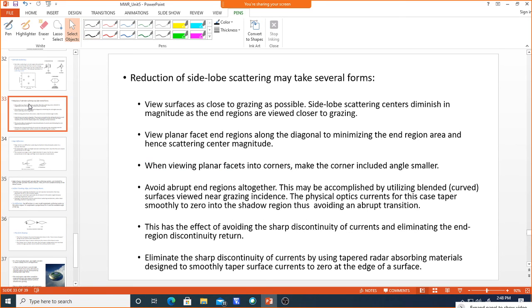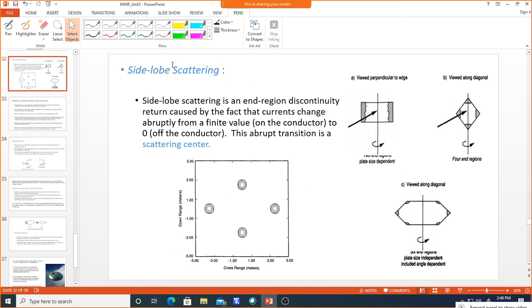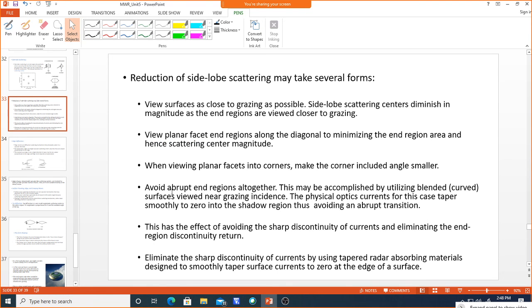That is what it is saying here: when viewing planar facets into corners, make the corner included angle very much smaller, that is these corner angles. Whatever plate we are using here, if we reduce these corner angles, then we can reduce the side lobe scattering, okay. And avoid abrupt end regions altogether.